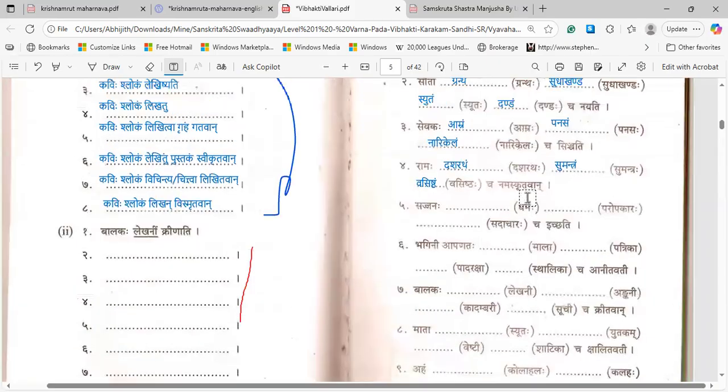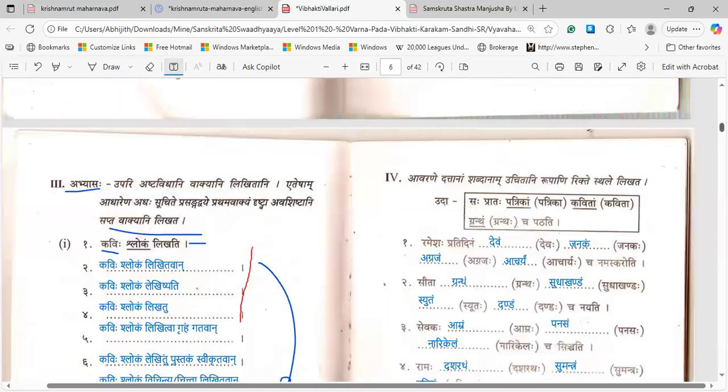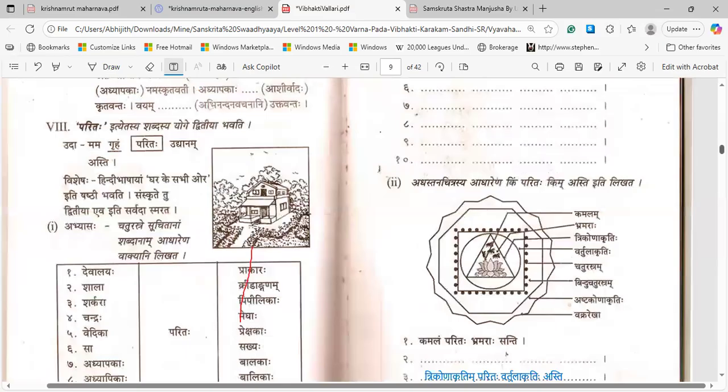For each, we have to write what it is and then give an example. That will be the last assignment for Dvitiya Vibhakti. We will take that tomorrow itself. Now there is not enough time to go through the forms.